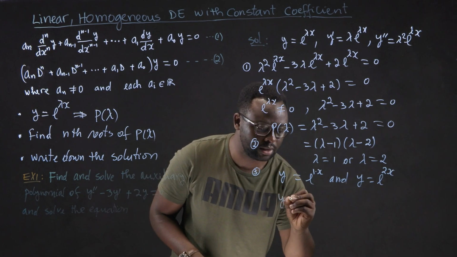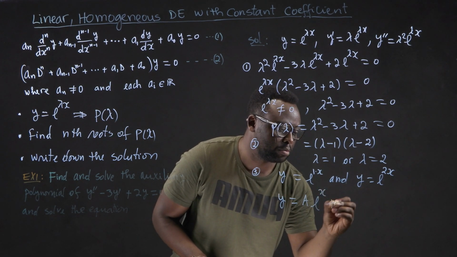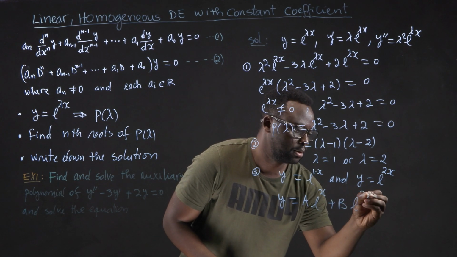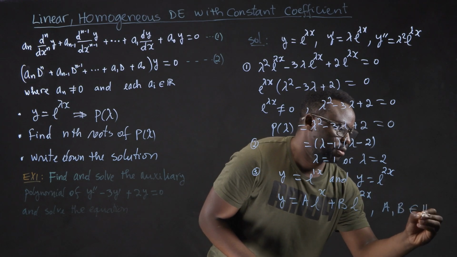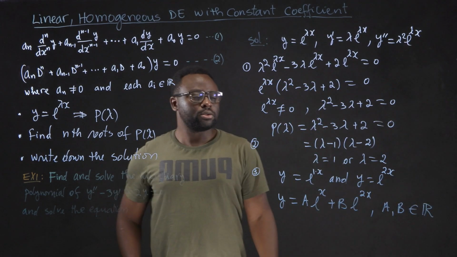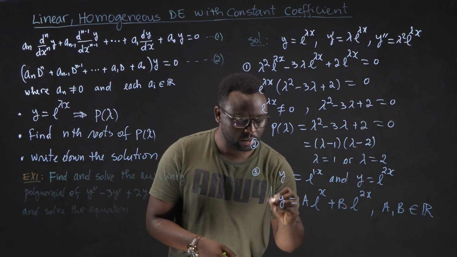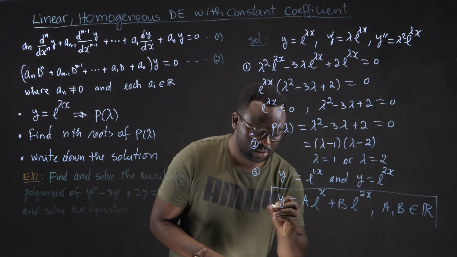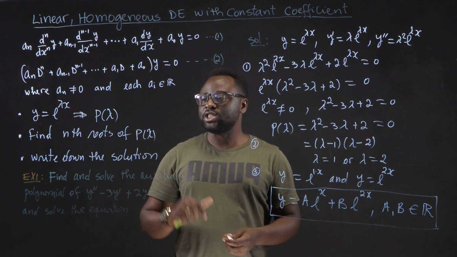So this is y equals a times e to the power x plus b times e to the power 2x, with a and b in R. Okay? This is the final solution to this differential equation.